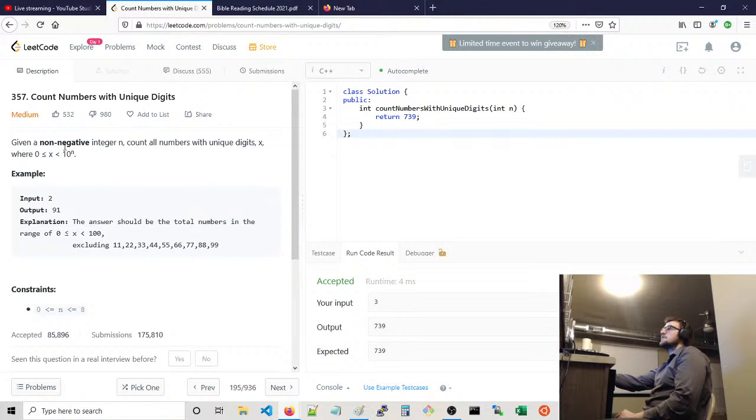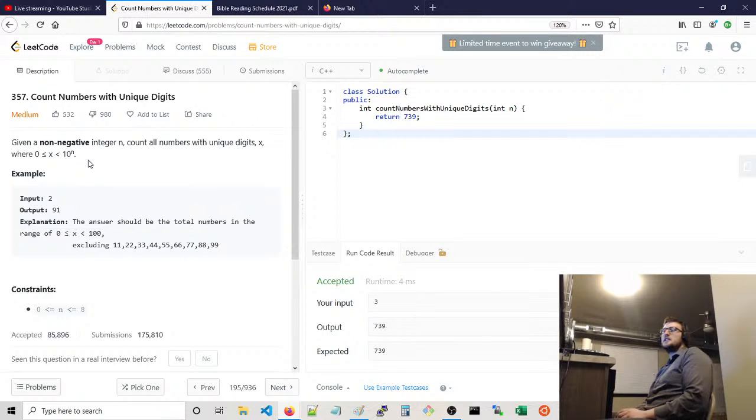So the problem is, given a non-negative integer n, count all numbers with unique digits x, where 0 is less than or equal to x is less than 10 raised to the n. So if n is 2, then you want to know how many numbers from 0 inclusive to 100 exclusive, so 0 to 99 inclusive, have unique digits.